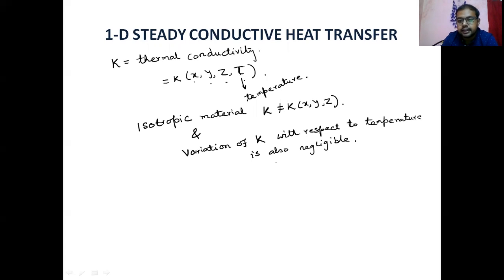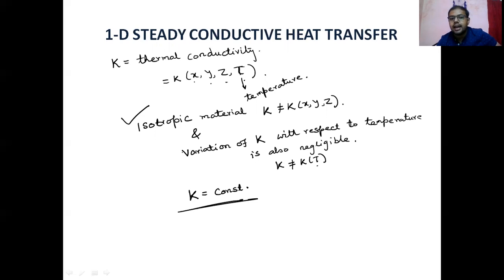That means here K does not depend on the temperature. So almost we can say here that K is a constant. Whenever we say the thermal conductivity is a constant, we have to mention isotropic material, as well as the variation of K with respect to the temperature is also negligible.